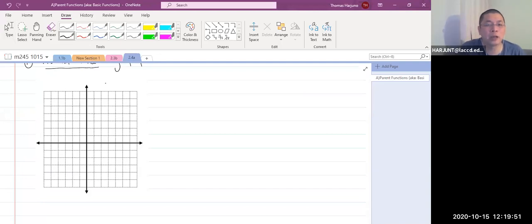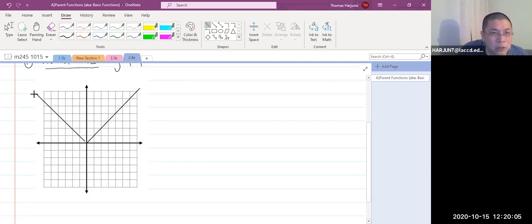It looks like a V with its vertex at the origin, and the slope is 1 to the right and -1 to the left of that origin. So it looks like this.